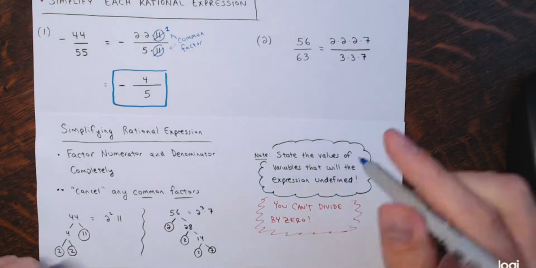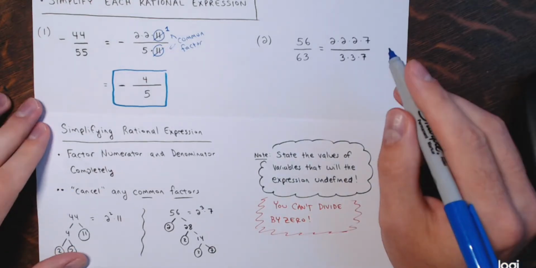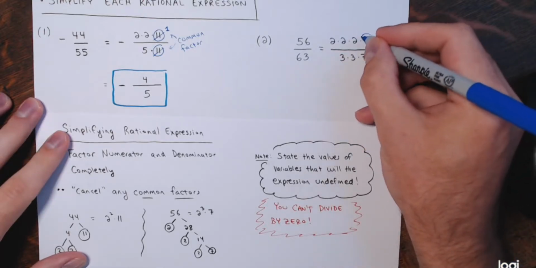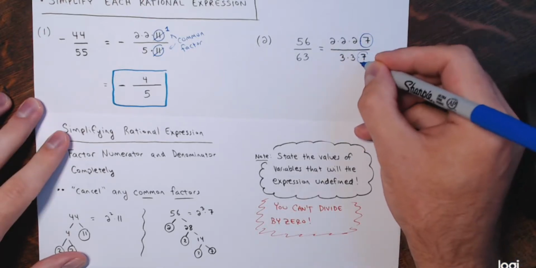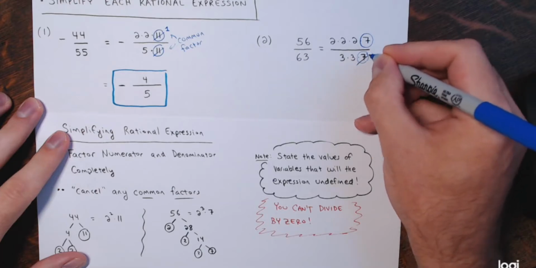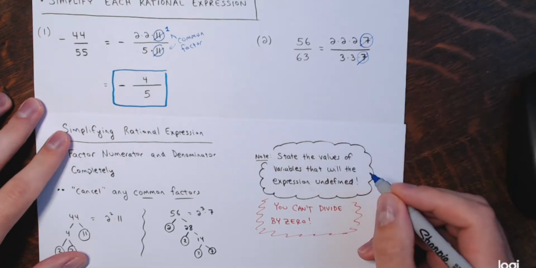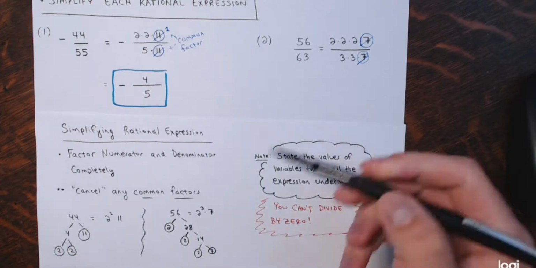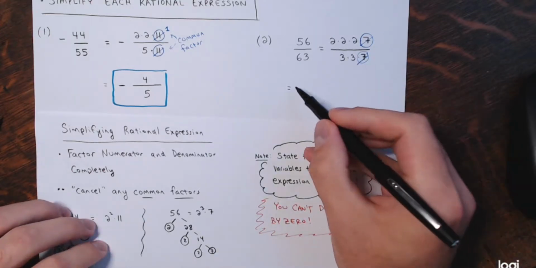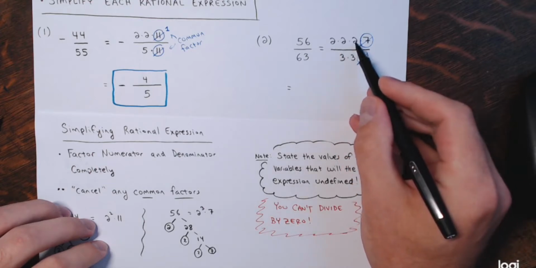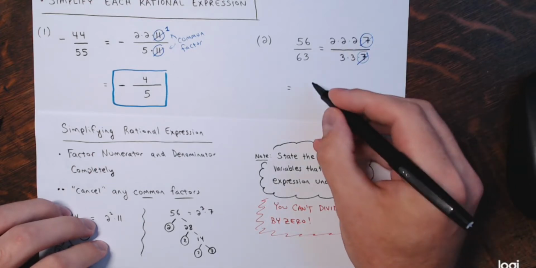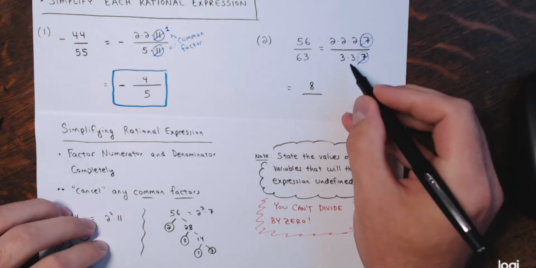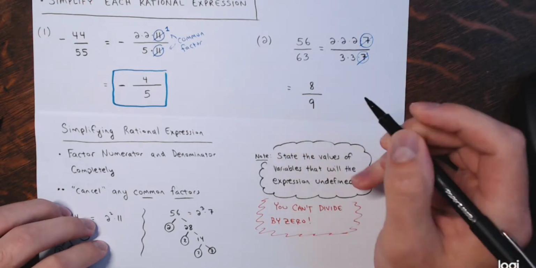Then I do the cancellation of common factors. The only common factor I'm seeing is the 7's, so I'll cross those off, they become 1, and then I can simplify. All I'm left with in the numerator is 2 times 2 times 2, which is 8. Denominator is 3 times 3, which is 9.